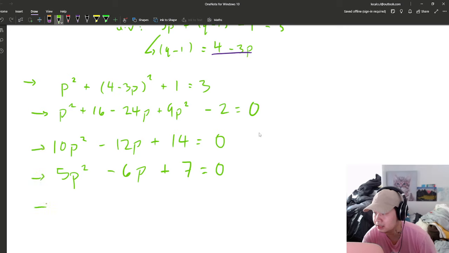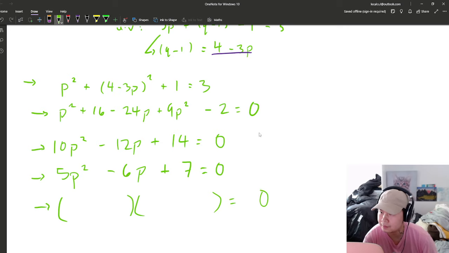And then this is looking factorable. 5p, p, and then 1 and 7. So where does 1 go and where does 7 go?